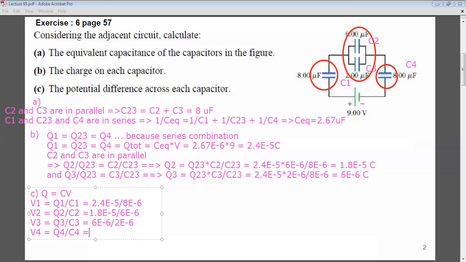And finally this is Q4, which is 2.4 e to the minus 5 divided by C4, which is 8 e to the minus 6. Okay, and just use the calculator to get these values.